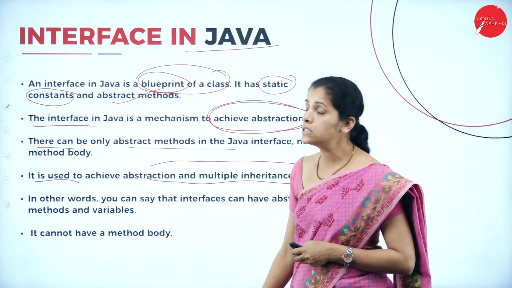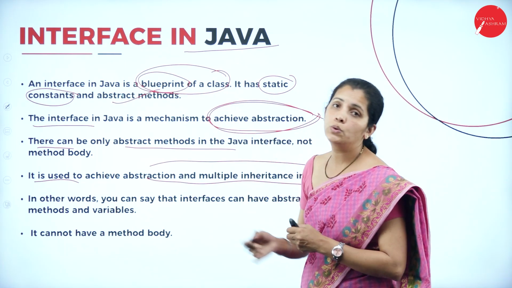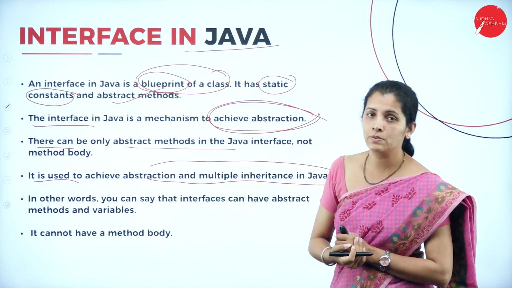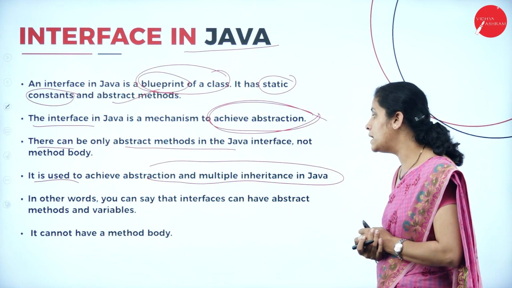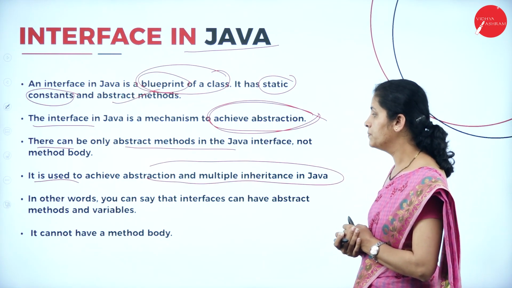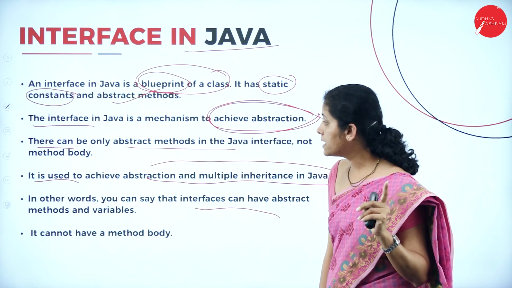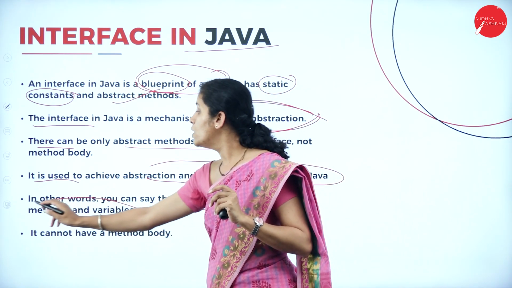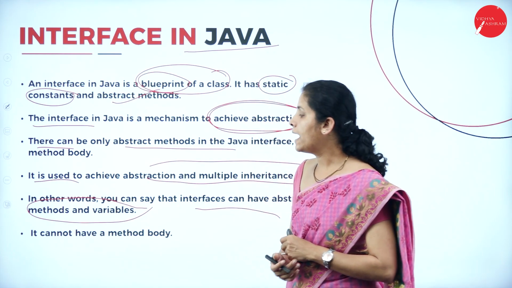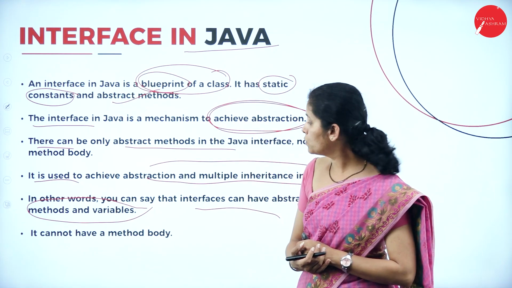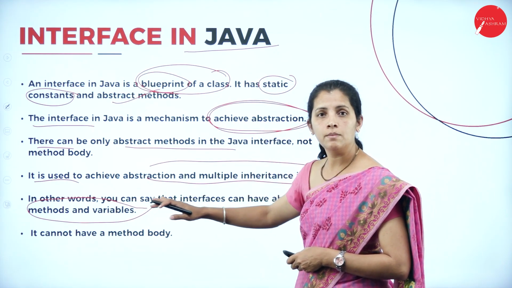As I discussed, interface is mainly used to achieve data abstraction as well as multiple inheritance. So, an interface can have only abstract methods and variables, and it cannot have a method body.